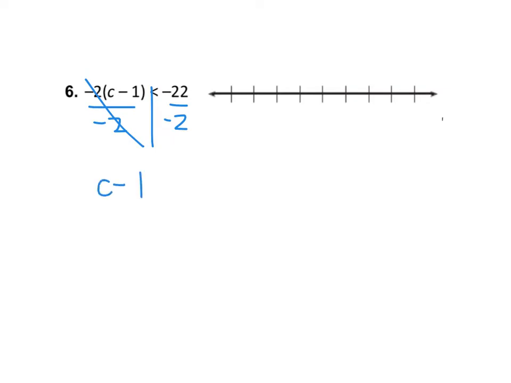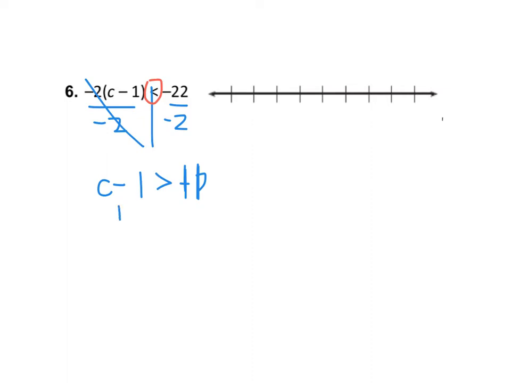So I'm going to take that less than sign right there, and I need to flip that. It needs to go the opposite direction. So I'm going to have greater than, oops, I'm sorry, this is positive 11. There we go. All right, so negative 22 divided by negative 2 is positive 11.